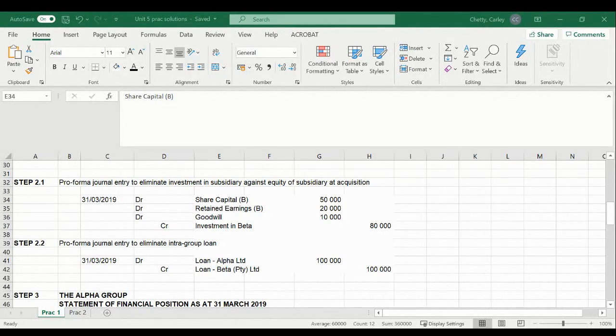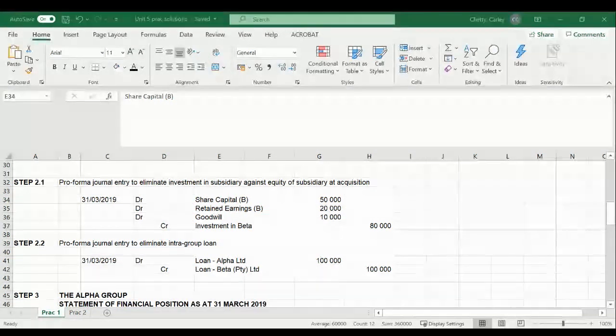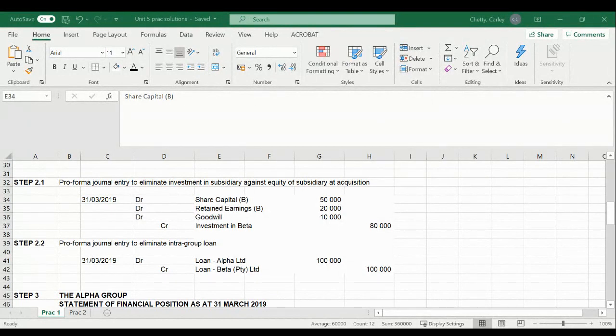So when we are preparing the consolidated financial statements, we will set the amount paid for Beta against the equity in Beta. And then we will see if there's goodwill or if there's a gain on bargain purchase. So in this situation, there was goodwill, and the reason there was goodwill was because the investment in Beta was 80,000.